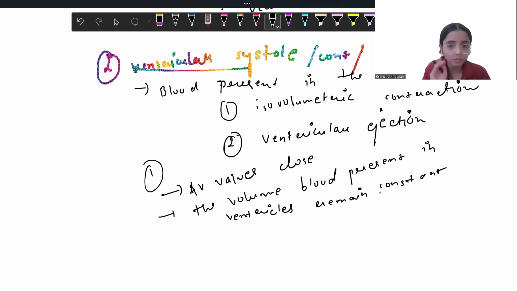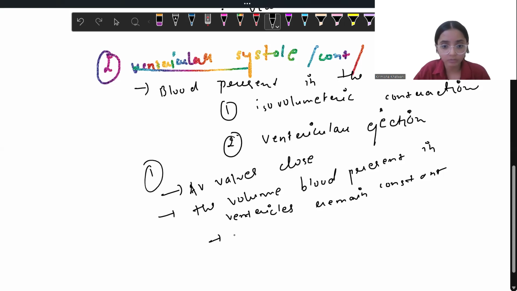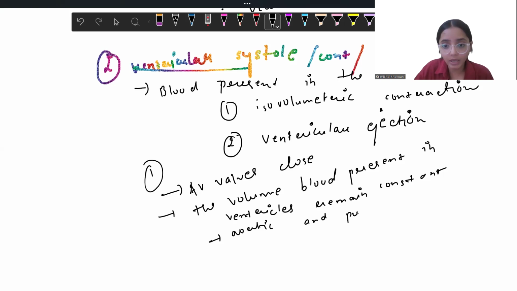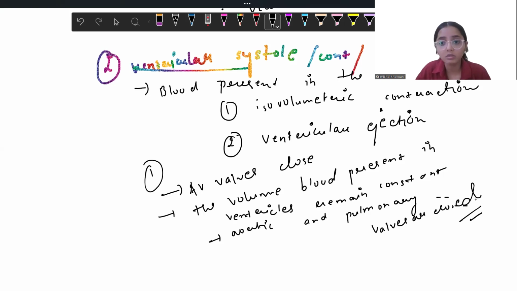One valve is present between the left atrium and the left ventricle, and one is present between the left ventricle and the aorta. During isovolumetric contraction, the AV valves are closed, and the aortic and pulmonary valves are also closed.